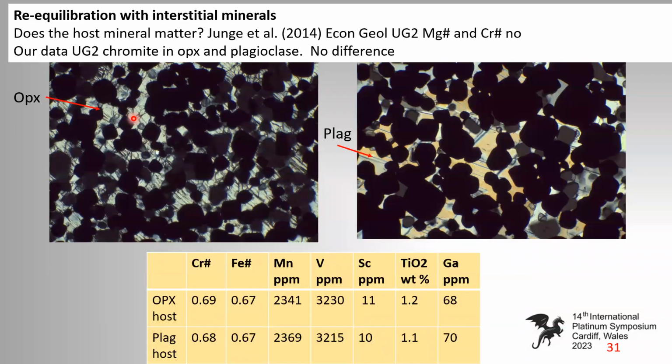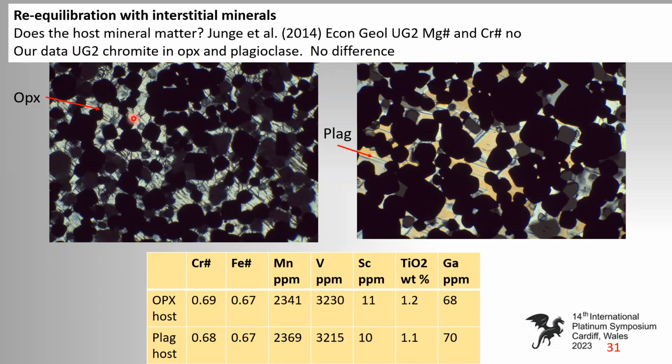The next question we can ask is, okay, we have interstitial minerals. Now, Steve showed us UG1 with 27% chromite. Most of the UG1 I've looked at has about 50% chromite or more. But in any event, you can ask yourself, does the effect of whether it's in pelagic layers or orthopyroxene oikocrysts matter?